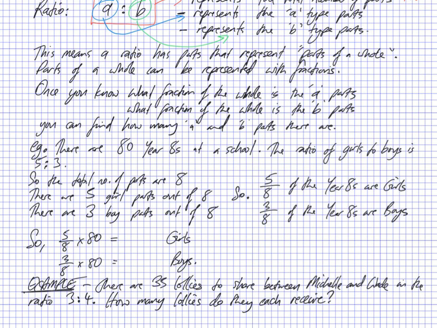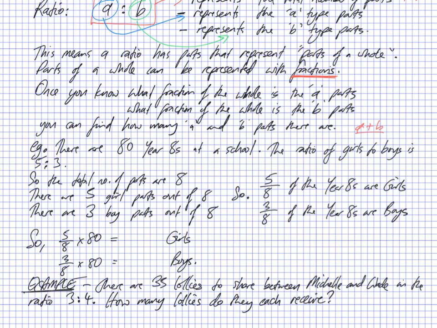So this whole idea is based on understanding that ratios can be represented by fractions. Once you know what fraction of the whole is the A parts and what fraction of the whole is the B parts, you can find how many A and B parts there are in total, which is the A plus B. And then you can use this understanding to solve problems.